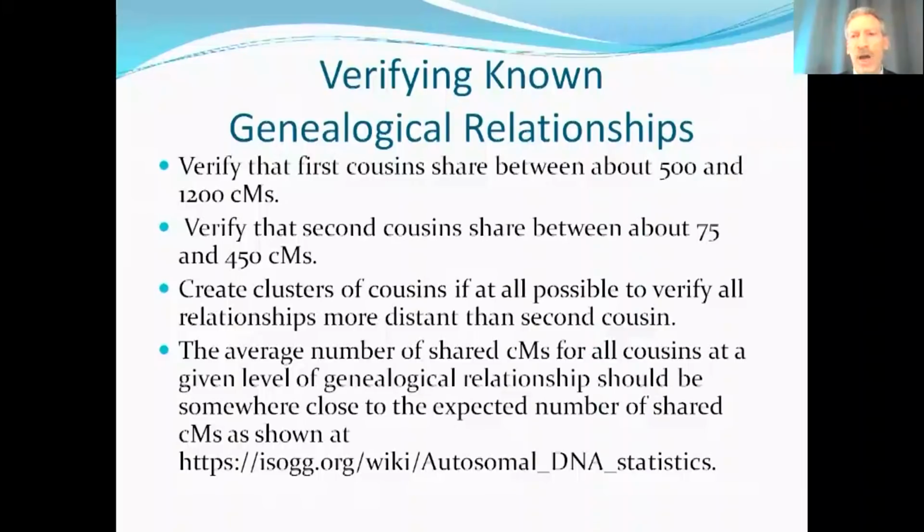So you want to verify third cousin relationships, fourth cousin relationships, and if possible, fifth cousin genealogical relationships. So you want to look back at some of the statistics that I've pointed out previously at the ISOGG wiki in the autosomal DNA statistics section to look at the expected amounts of DNA among all of these people.